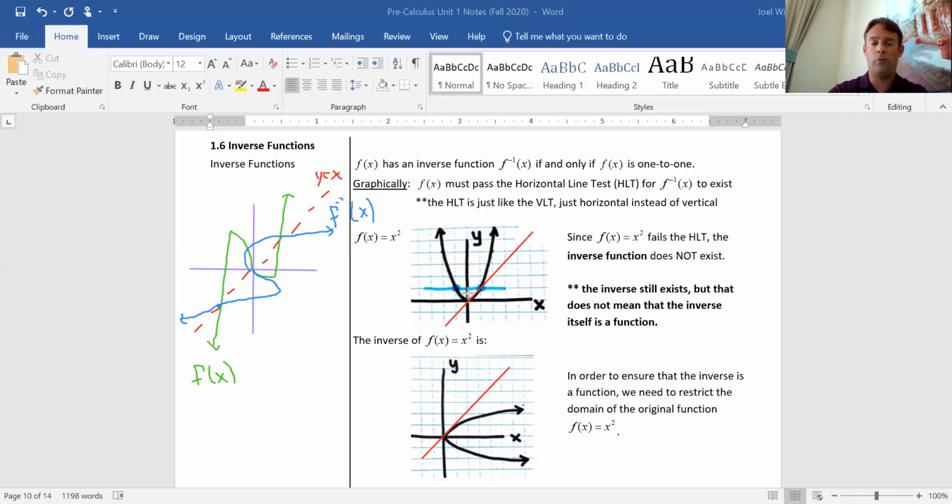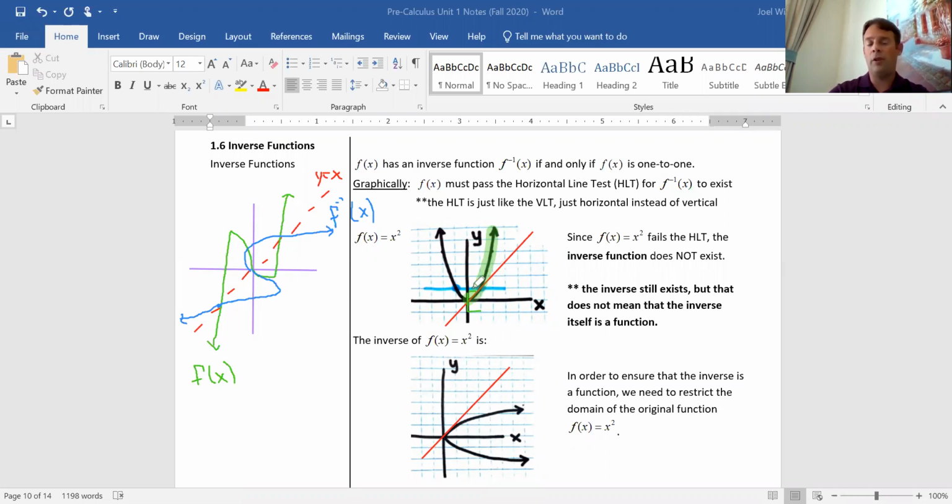In other words, what if I were to have stopped it right here at the point 0, 0? The only part I would have taken then would have been this part of the graph, just that little curve. So now it would have passed the vertical line test still, but it also would have passed the horizontal line test.